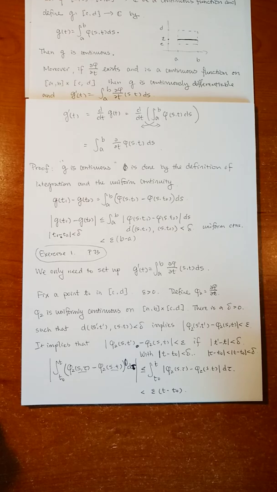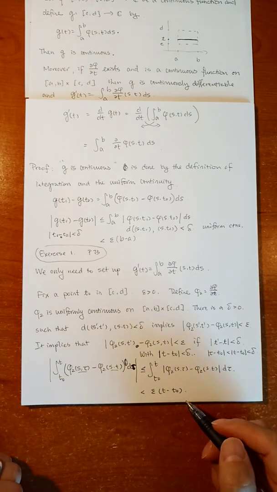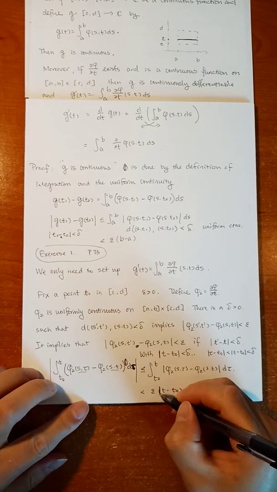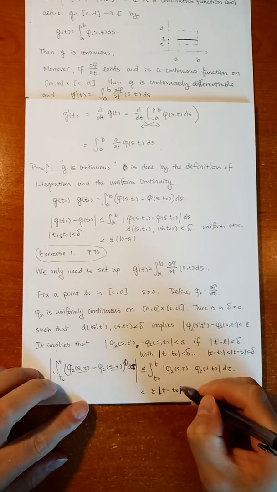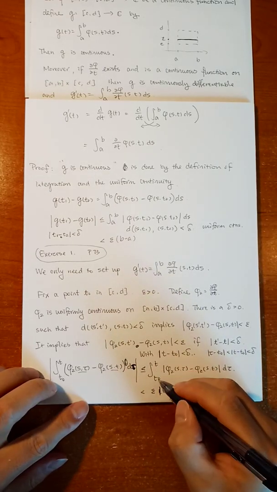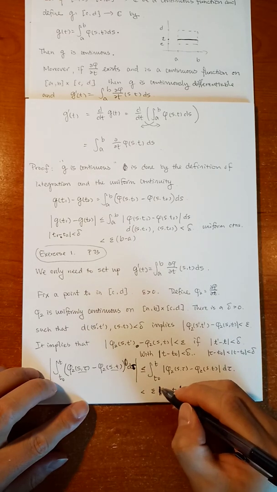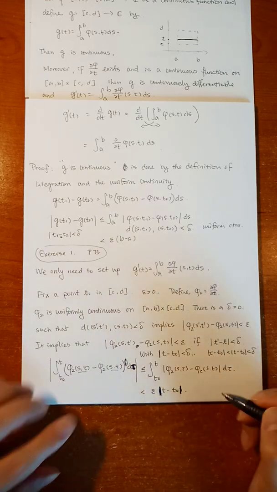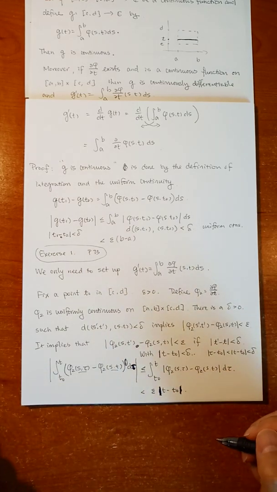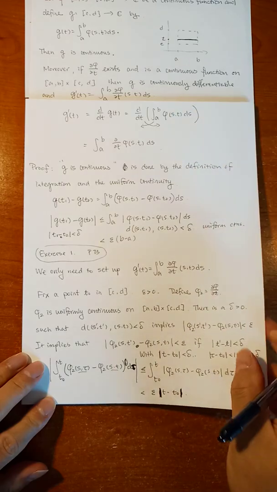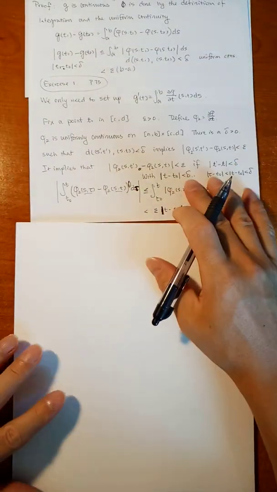That's how we get the inequality. I never mentioned whether t is greater than t0 or less than t0, so we put the absolute value; we just mean the length of the interval.